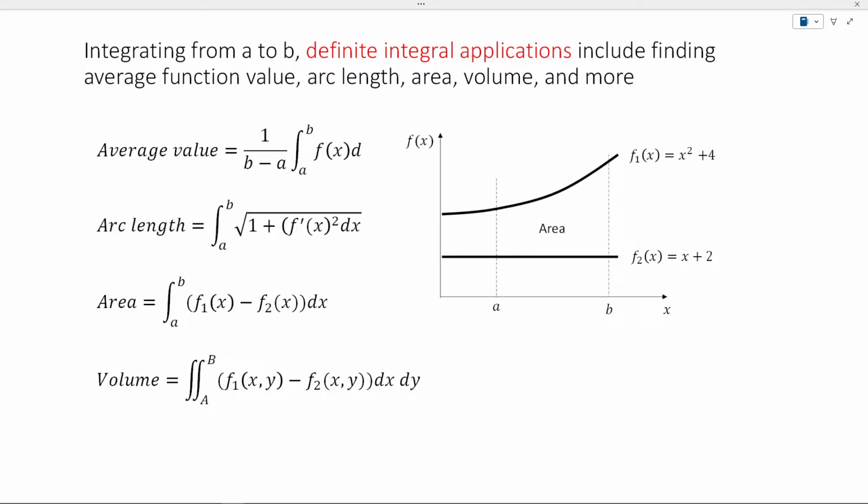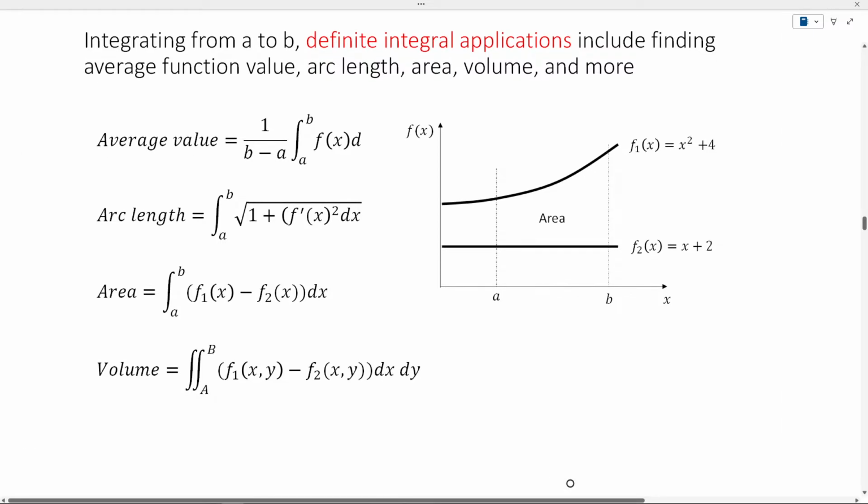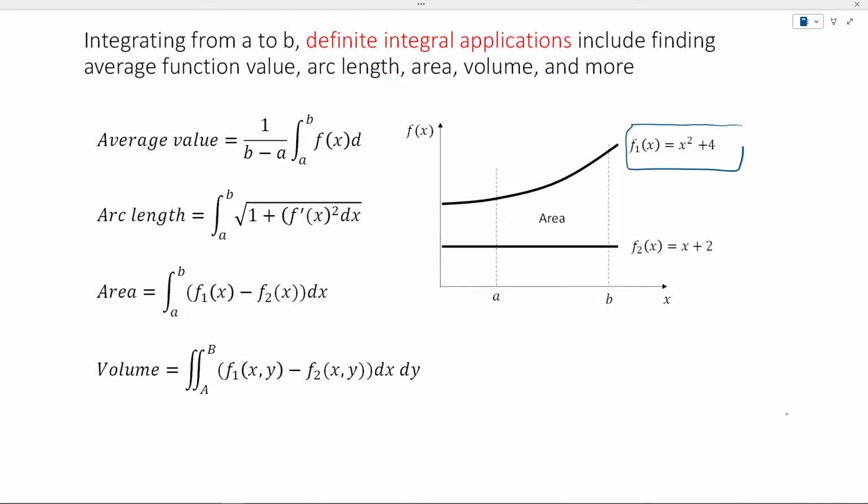So for example, if I asked you what is the area that is accumulating under this curve, if I integrated this function, the integral of this function will give me the area under this curve.